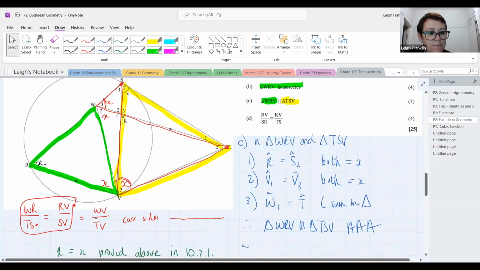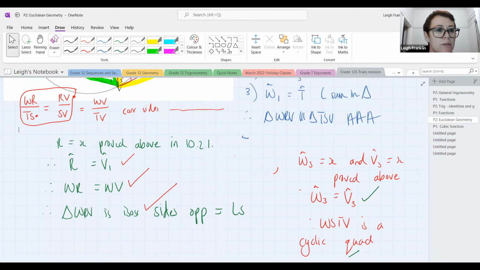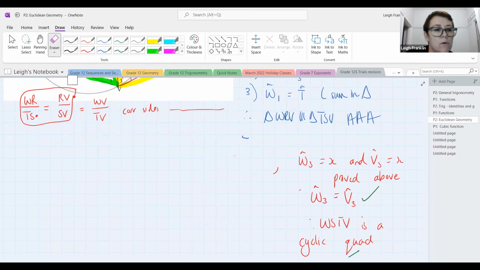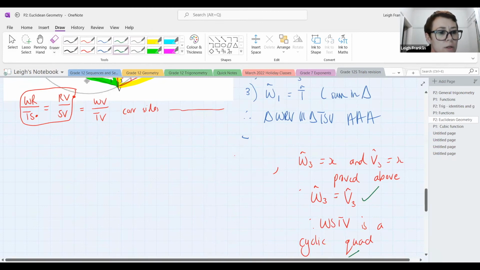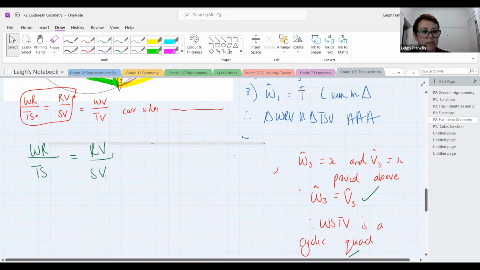All right, so let's just go down here and rub this bit out. Okay, so now we've got WR over TS equals RV over SV.